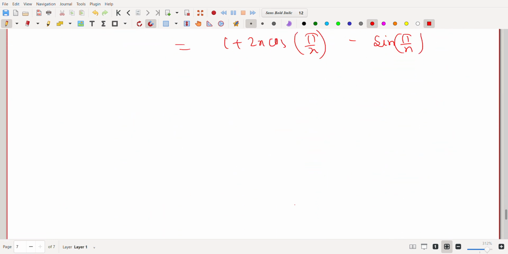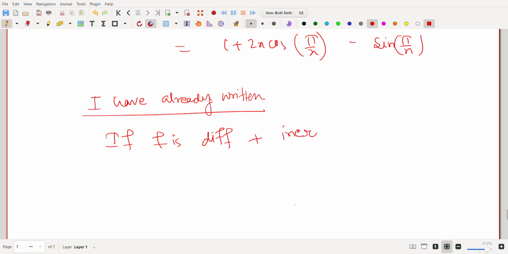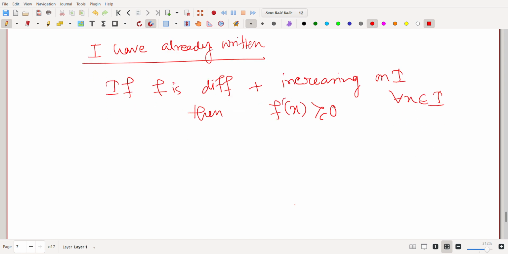Now the very important thing is that I have already written above that if f is differentiable, see, f is differentiable on the real line, right? So that means f is differentiable on any interval containing 0. So if f is differentiable plus increasing on I, then f prime x is greater or equal to 0 for all x belongs to I, right?